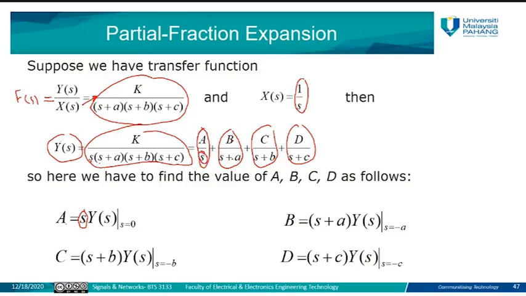The denominator of the first part is s, so I multiply by s when I calculate A. The denominator for B is s plus a, so I multiply by s plus a. Here s plus b, I multiply by s plus b, and here s plus c, I multiply by s plus c. Then I substitute s equal to 0 in the first case, negative a in the second case, negative b in the third case, and negative c in the fourth case.